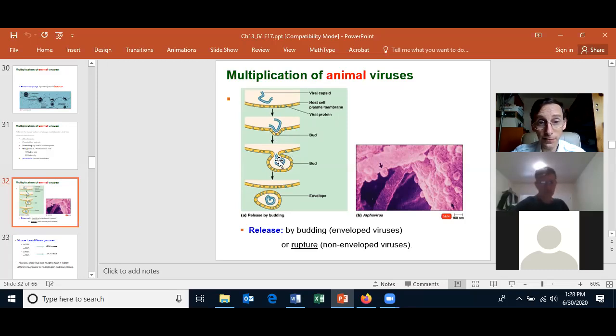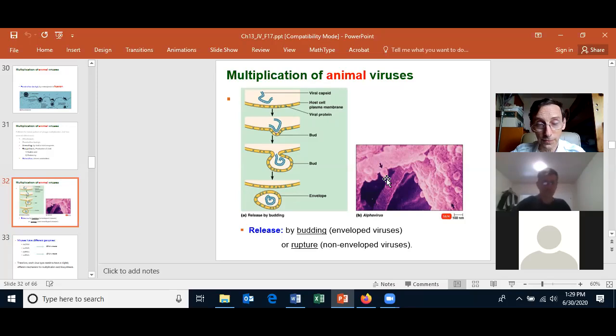This membrane is shown as the cell membrane, but it can be the nuclear membrane or the membrane of the endoplasmic reticulum. It just depends on the species of virus for what membrane it buds out of. And it pushes on that membrane until it rips off a piece of that membrane, and then that membrane becomes the envelope of this budding virus.